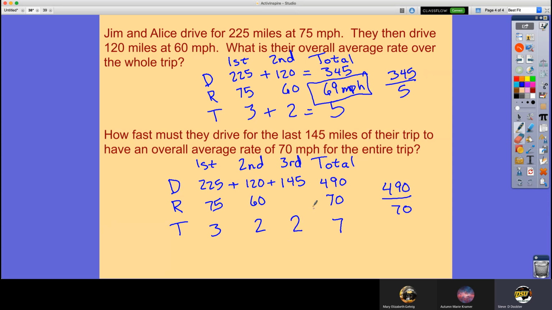And then can we figure out the rate? Yeah, 145 divided by 2 would be 72.5 miles per hour. All right, so another one where if you completely fill in that chart, the answer is just there. Okay, so any questions there?